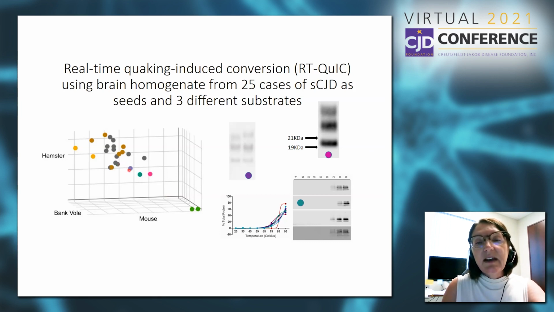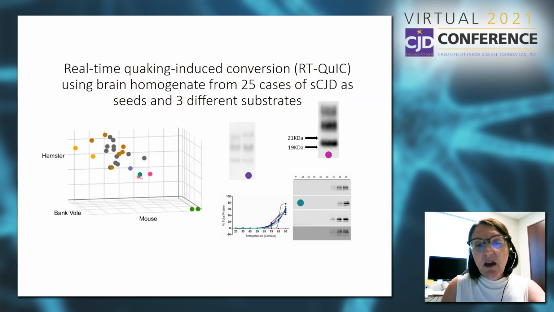So this blue case, for example, has slightly higher bands that we see on the Western, particularly the diglycosylated isoform. The pink sample colored here had a 20 kilodalton band that ran in between 21 and 19, the typical type 1 and type 2 case molecular weights by Western blot.